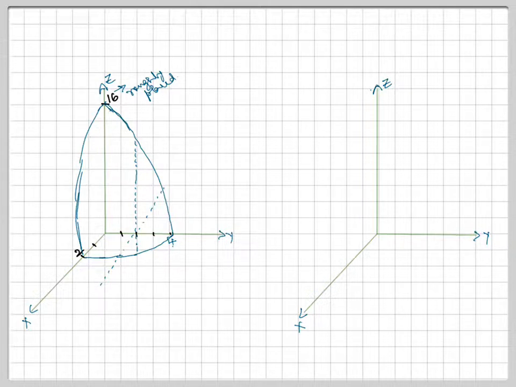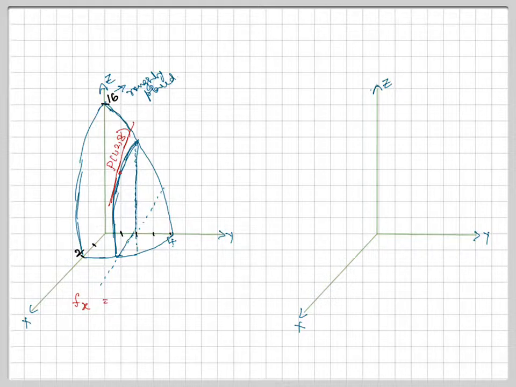So this is what we get as a slice at y equals 2, and the curve of intersection is a downward parabola. It is this part. Then at (1, 2, 8) we are going to draw the tangent.